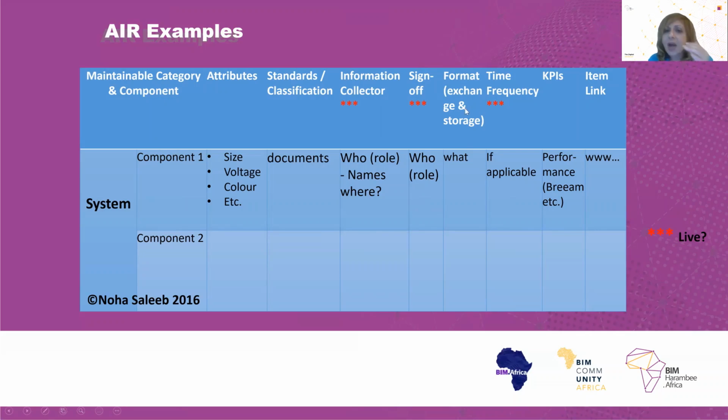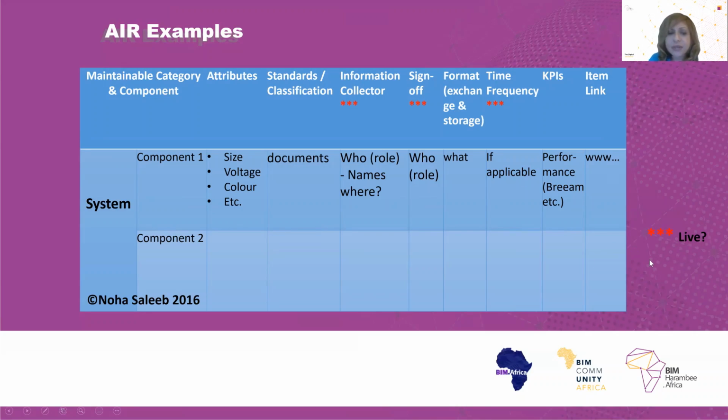The format of the information that is to be collected and how it's going to be stored. How often is that information going to be collected? Any key performance indicators for the performance of that component, maybe using BREEAM, LEED, any other type of system. And finally, any link to documents related to that component.